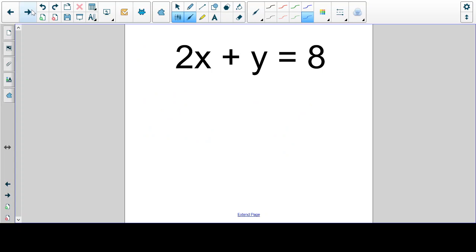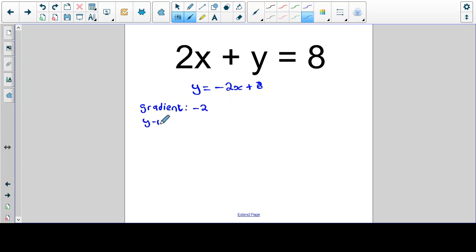Now, when it's not in the form y equals mx plus c, there's a little bit more work to do. As I said before, if we want to find the gradient, we need to rearrange it so it is in that form. So we would simply subtract 2x here. We've got our gradient, minus 2.